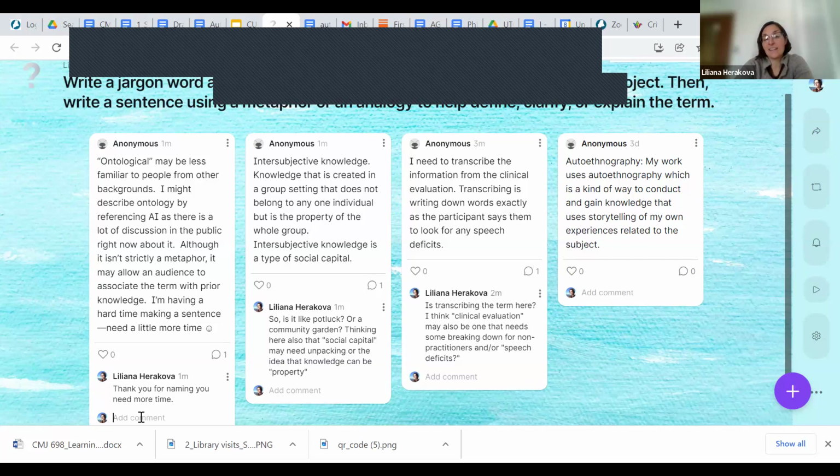So I asked, what are some things we can use to express this idea that knowledge is co-created and co-owned in some way? I was thinking of possibly a potluck or a community garden. Again, a visual that would give people a different way to think about a complex term.